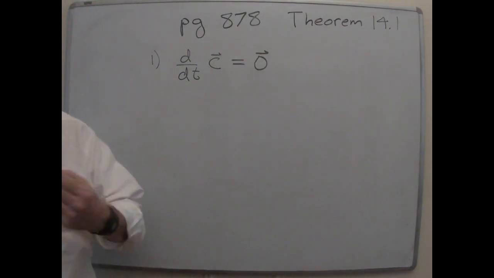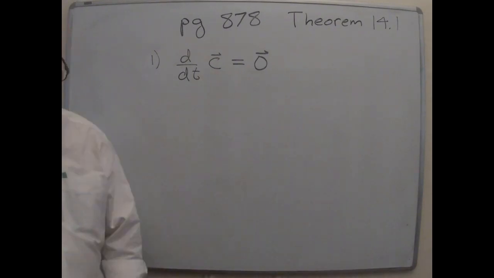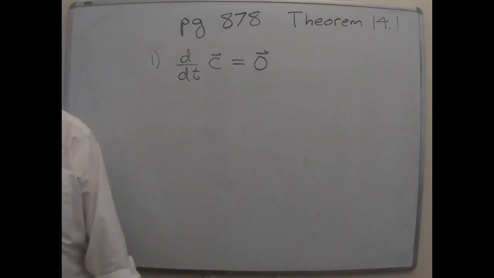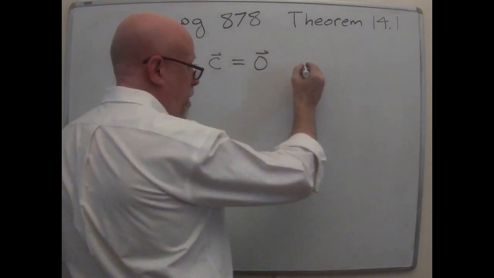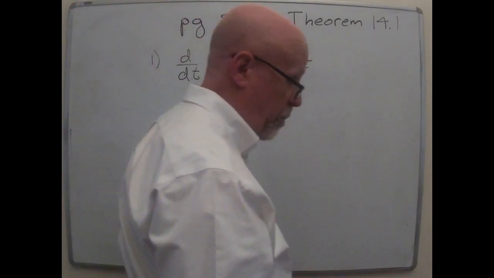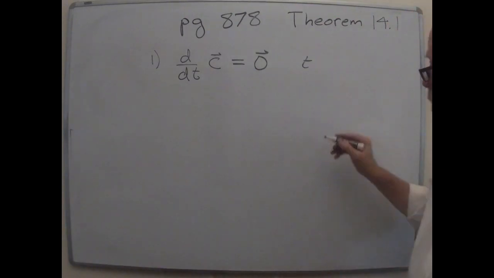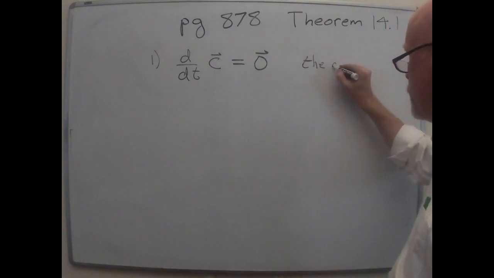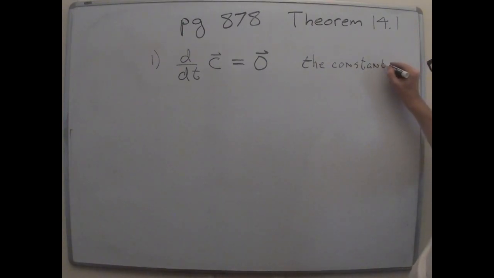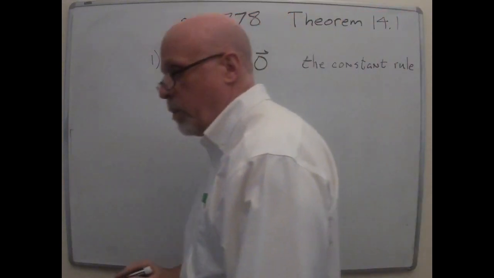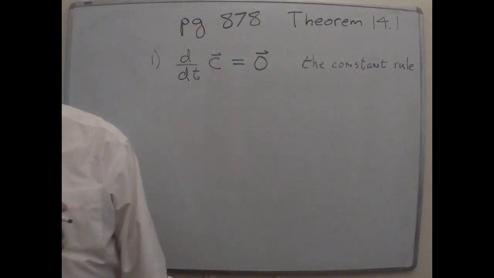Because if you have just a fixed vector that's got just raw numbers in it, no time dependence, then its derivative is the 0 vector. And that's the same thing it was previously except vectors on the parts. This is called the constant rule. This is like when you took the derivative of 2 and you got 0. So that's part 1. Totally the same thing as what we were doing before.